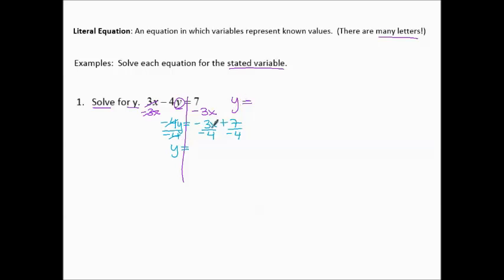Now I have negative 3x over negative 4, so a negative and a negative will leave me with a positive 3/4 x. And positive 7 over negative 4, I can't divide that, so I'm just going to leave it as a fraction, negative 7 over 4. And that is my equation solved for y. At the end of it, it says y equals, and my equation is now rearranged in that format.